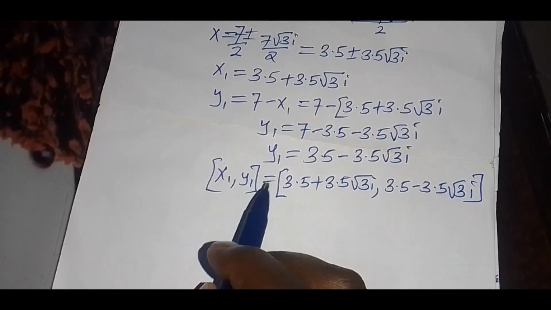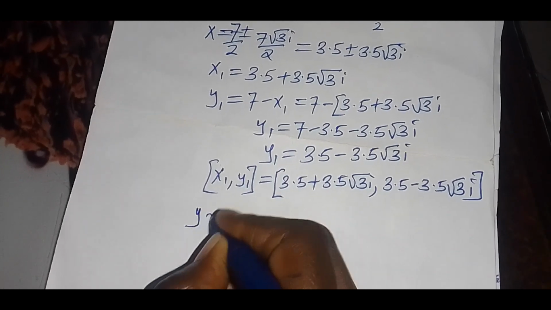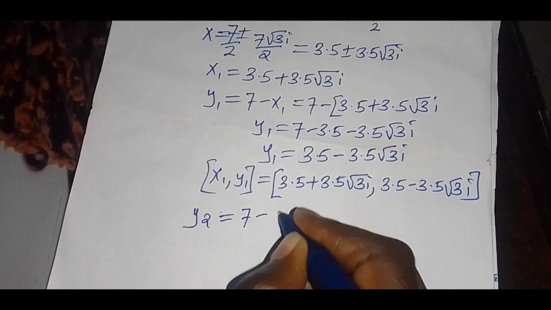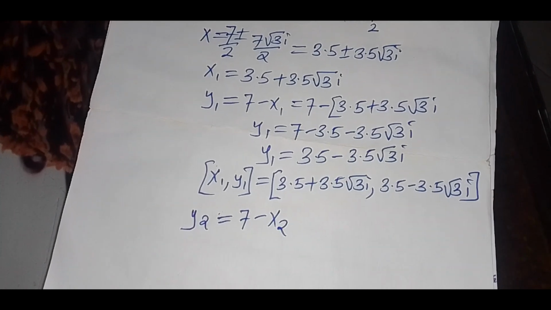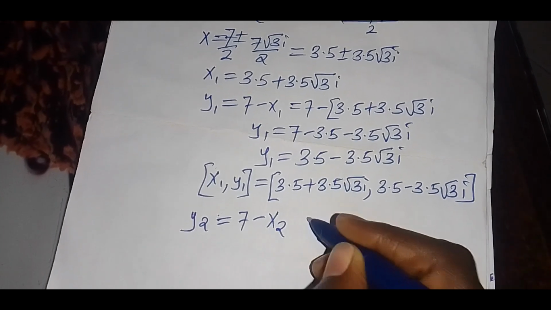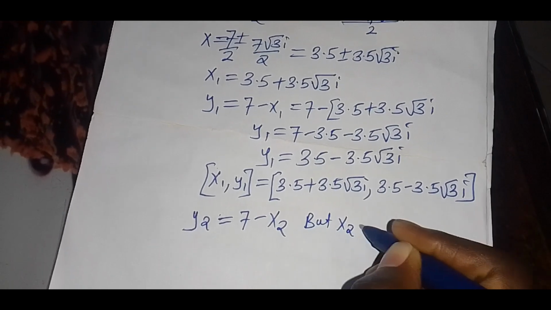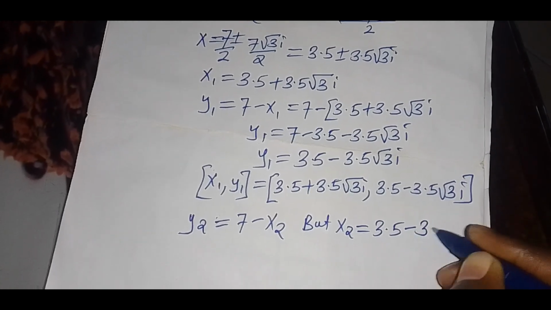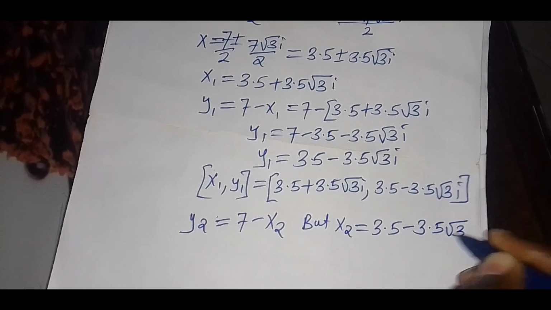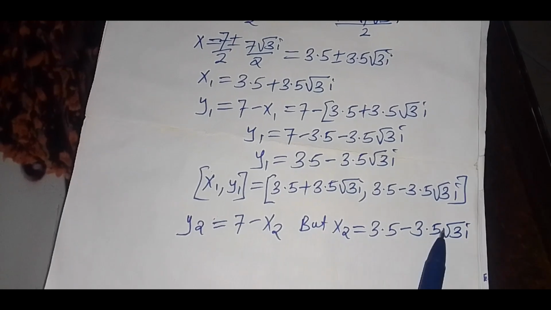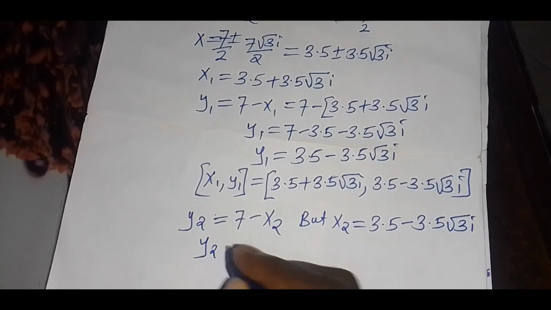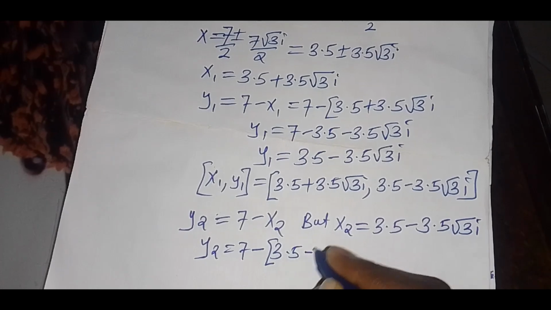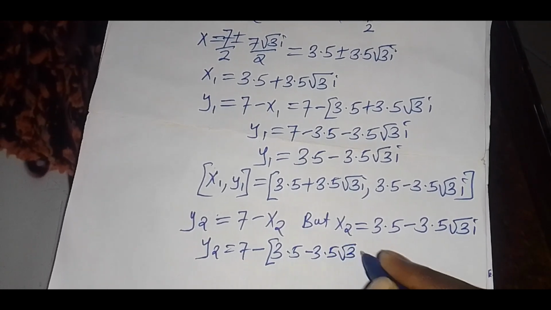Now y2 can be expressed also as 7 minus x2. But x2 is equal to 3.5 minus 3.5 square root of 3i. So we substitute x2, so that y2 is equal to 7 minus 3.5 minus 3.5 square root of 3i.